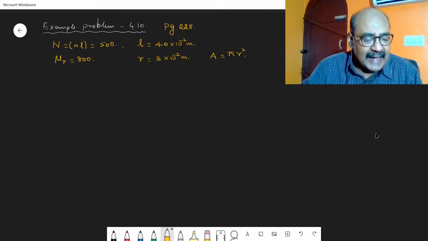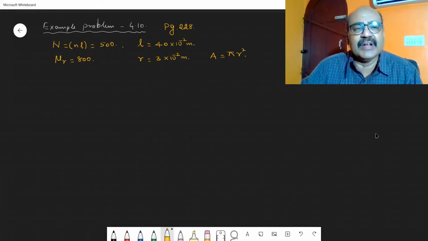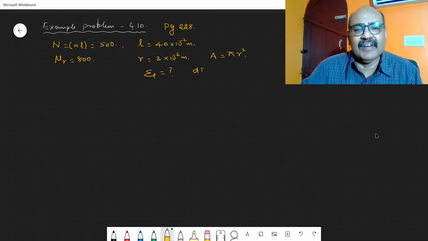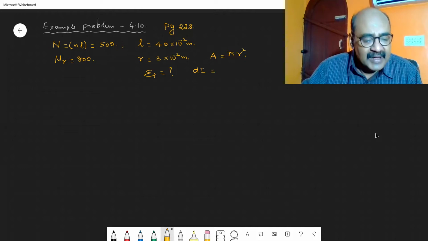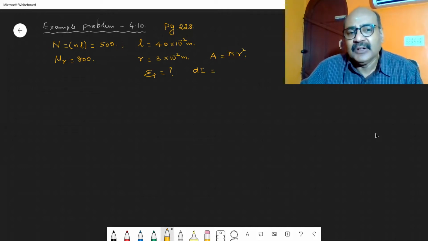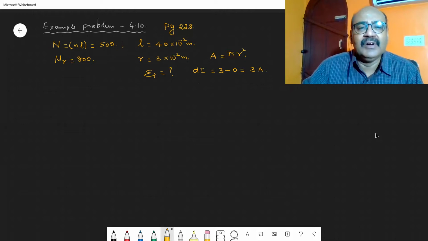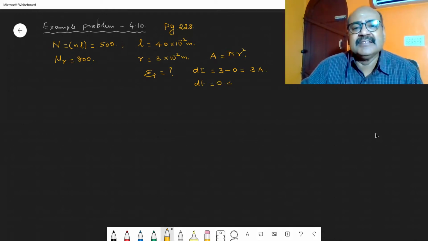Then calculate the average EMF induced in the solenoid. The EMF induced is asked if the current changes from 0 to 3 ampere. So the final current is 3, the initial current is 0, and the change in current is 3 ampere in a time dt equal to 0.4 seconds.